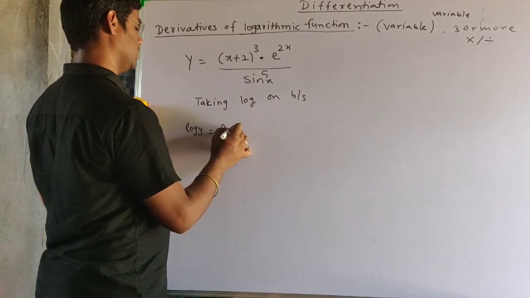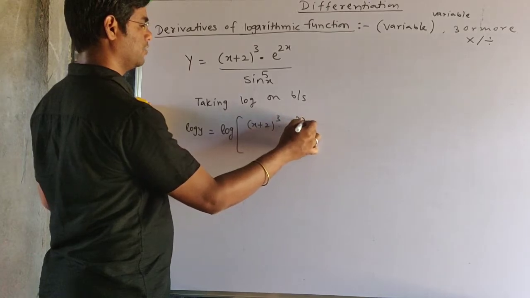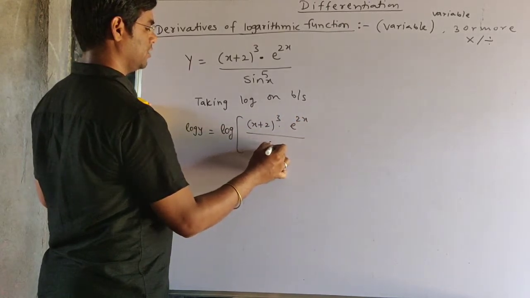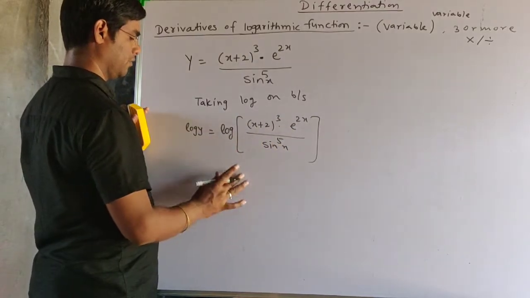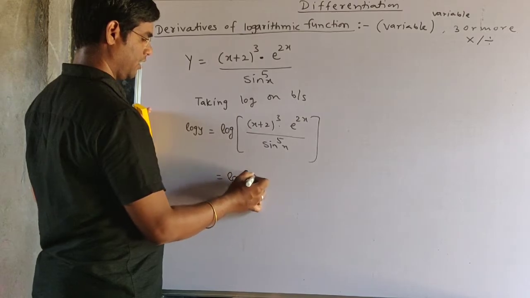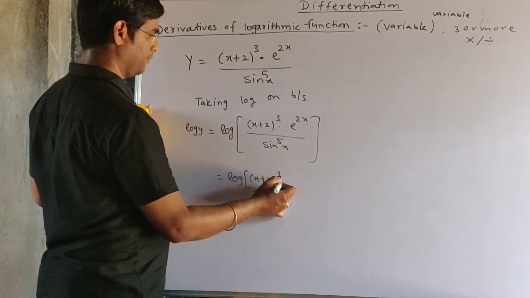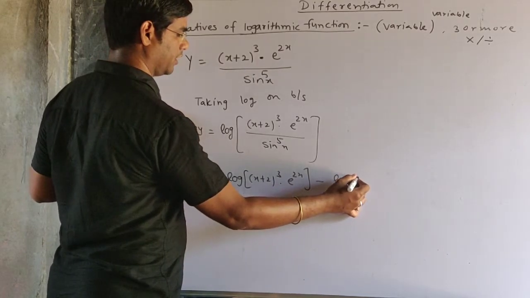Apply log on both the sides: log of x plus 2 raised to 3 into e raised to 2x upon sin x raised to 5. First apply the division rule of logarithm. For division there should be a negative sign. So it is log of x plus 2 raised to 3 into e raised to 2x, minus log of sin x raised to 5.